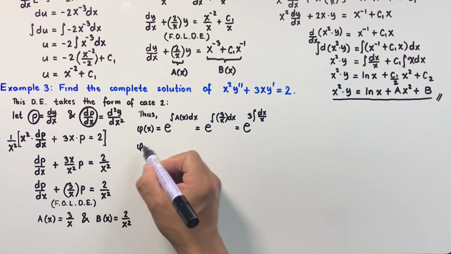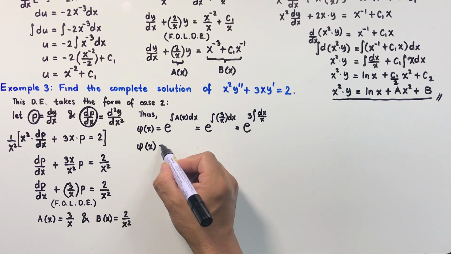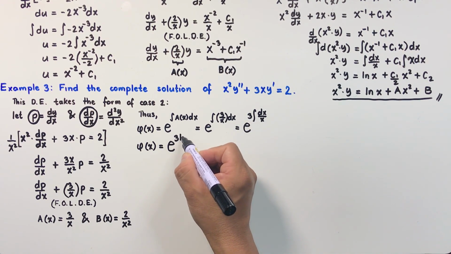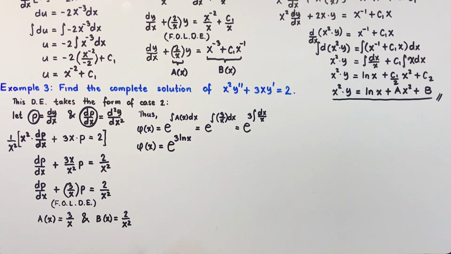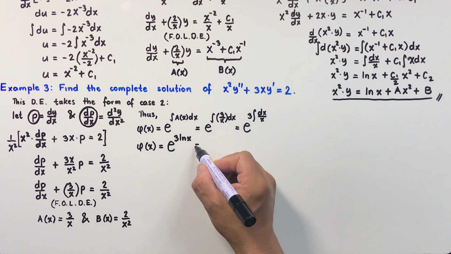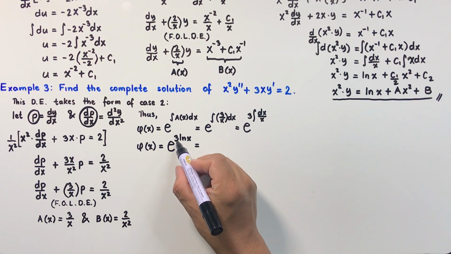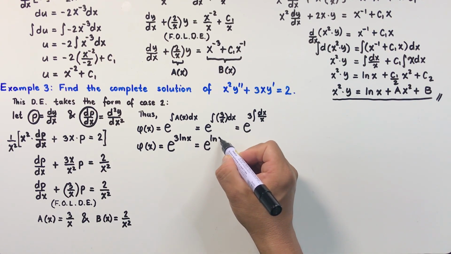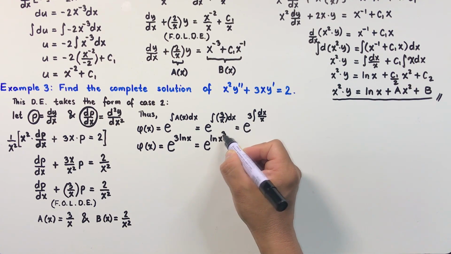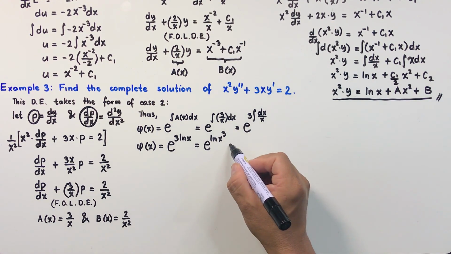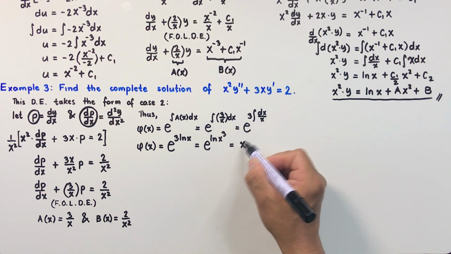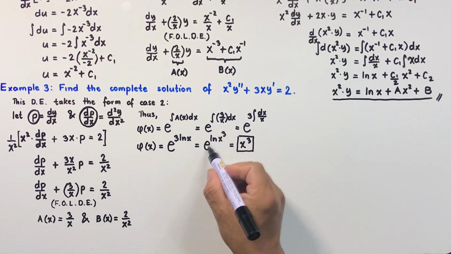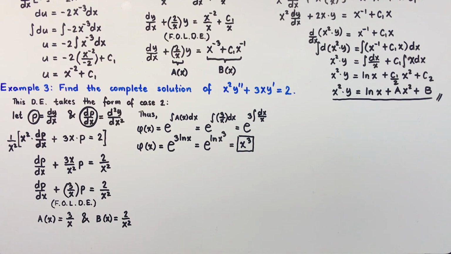So our phi of x is e raised to 3 times the natural log of x. Using the properties of logarithm, this 3 can be the exponent of x, so e raised to the natural log of x cubed. Therefore, our integrating factor is x cubed because the e and the ln cancel each other.